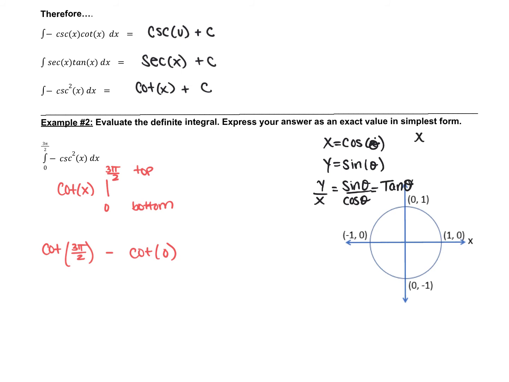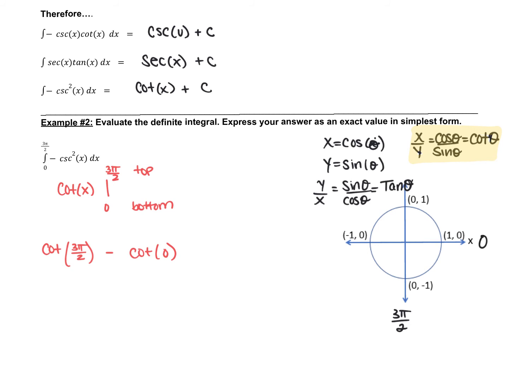Therefore, x divided by y, the reciprocal, cosine theta over sine theta, will be cotangent. So this is the one that we need. So let's take a look at that. We're looking specifically at 3 pi over 2 and at 0. So remember, 3 pi over 2 is equivalent to 270, and 0 is simply just 0.